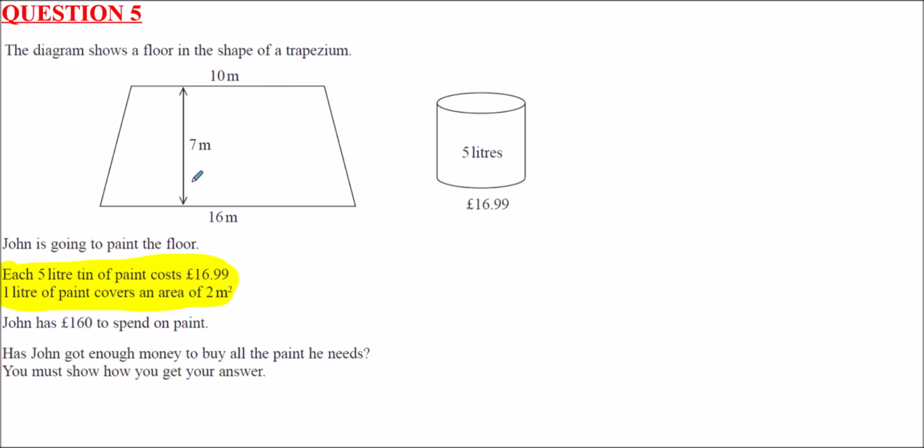Now, because he's going to be painting the floor, what we need to work out is the area of the floor to be painted. In other words, we need to work out the area of this trapezium. And the way we do this is we do the parallel sides added together, like so.